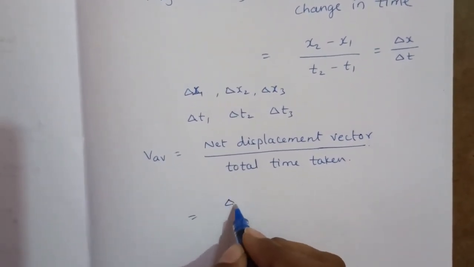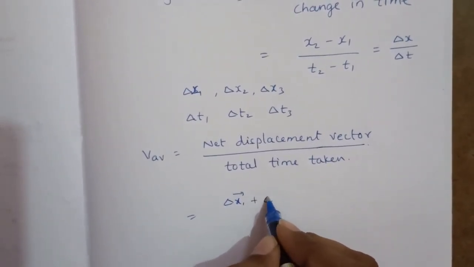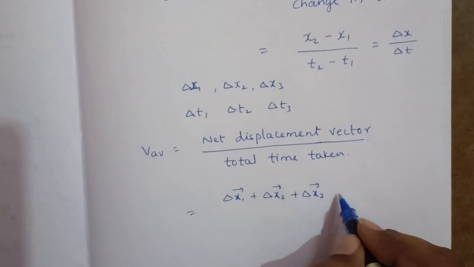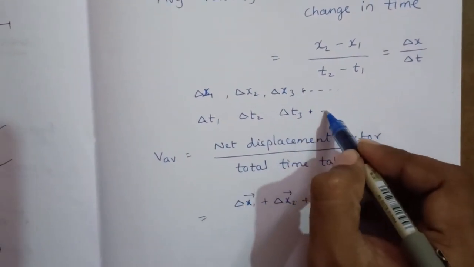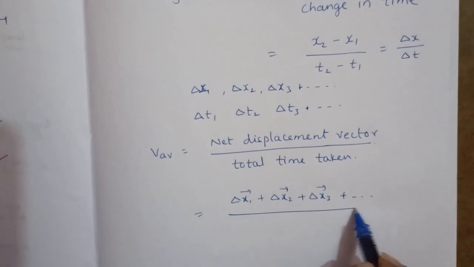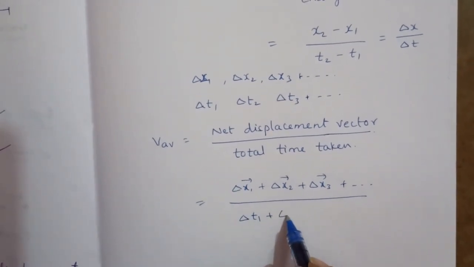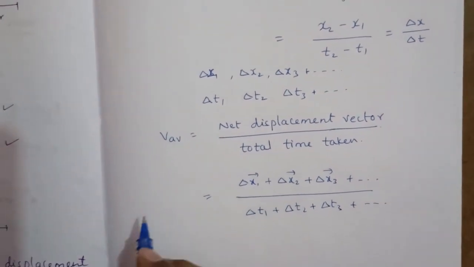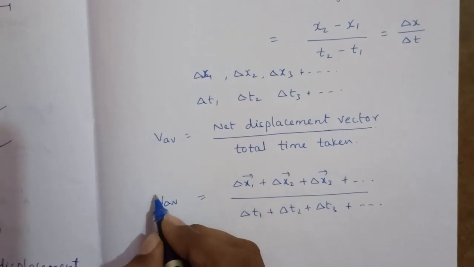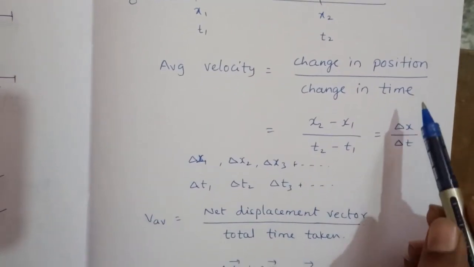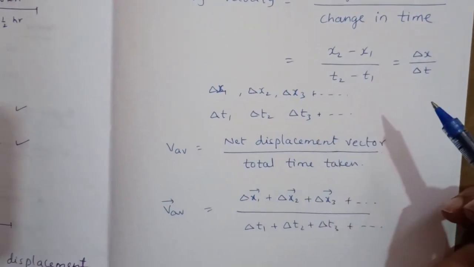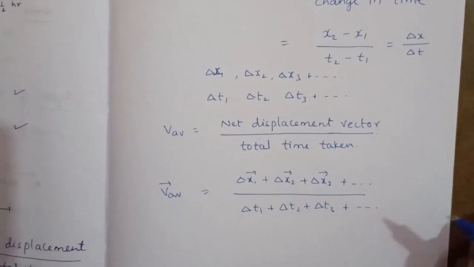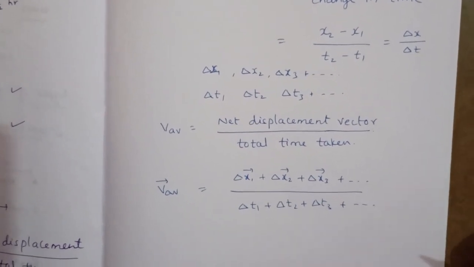What is the net displacement? Delta x1 plus delta x2 plus delta x3, and so on, whatever is given, divided by delta t1 plus delta t2 plus delta t3, and so on. This is the average velocity. These are all the different formulas for average velocity in different situations. Based on the given data, we can use these in numericals.